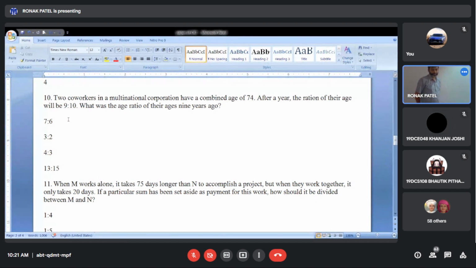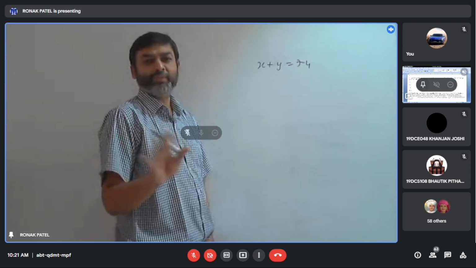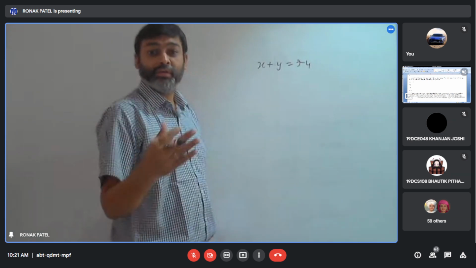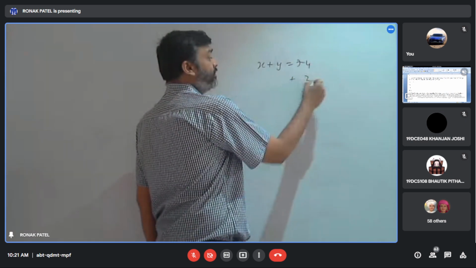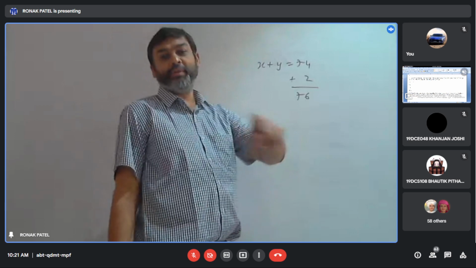So how did you get it? First, I took the ratio of their ages after 1 year, and then replaced the variable with x plus y equals 74. Very nice. Look, present x plus y is 74. I always avoid assuming variables, so I think that if the ratio of the ages is after 1 year, the total age will become, addition of both ages, 76.